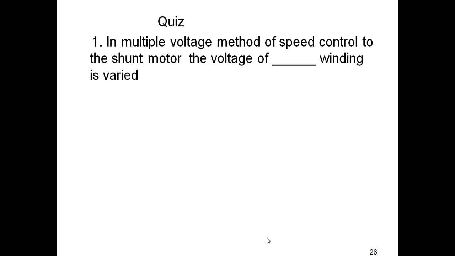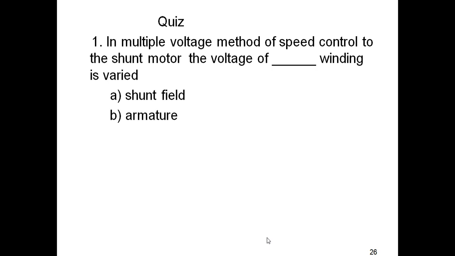Now let us see a small quiz on this presentation. First question is, in multiple voltage method of speed control of the shunt motor, the voltage of which winding is varied? Option A is shunt field winding.